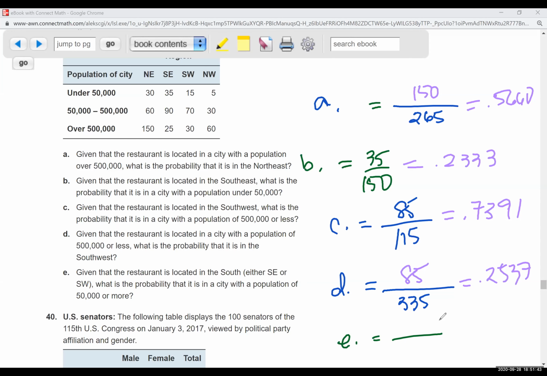For the denominator, do you add all of the southeast and southwest together? Yes. So you have two columns for south, southeast and southwest. So just add all those numbers.